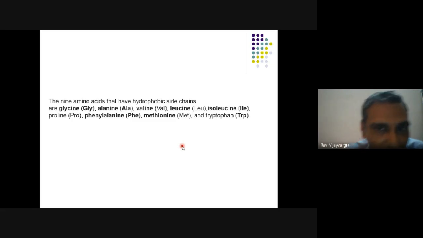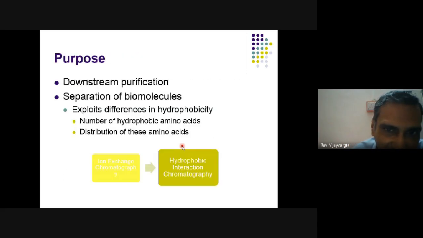So whenever your proteins are rich in these amino acids, and if these amino acids are present on the surface, then hydrophobic interaction chromatography is a good tool to use for purification of such proteins. Okay, so how it works, let us see. Normally this hydrophobic interaction chromatography is used as a downstream purification.